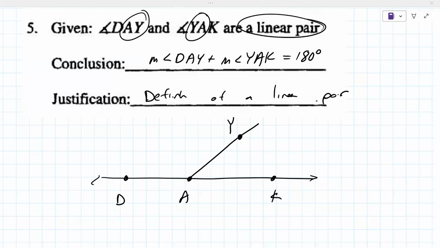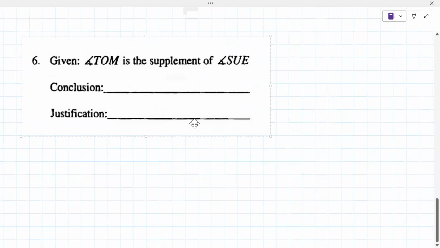Right. So the next one is where you're kind of going with this thought process. So 6 here. I would recommend trying to draw something. The problem with this one is that they don't match up. So they're just two generic angles.